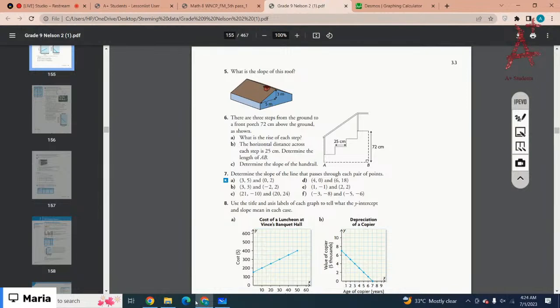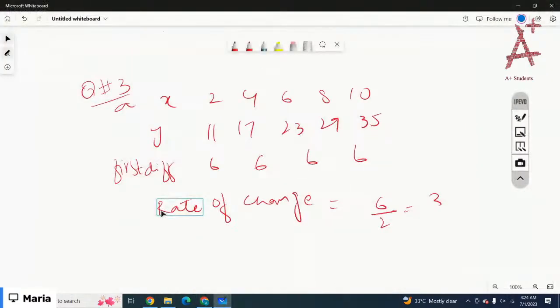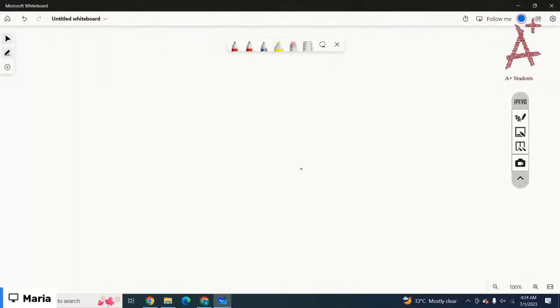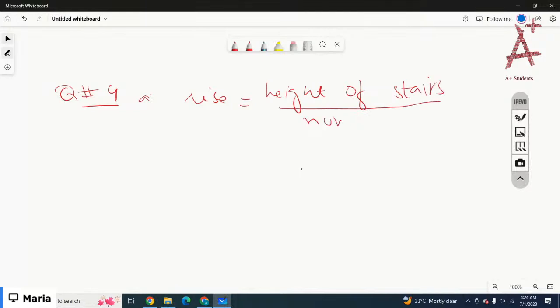So the rise is the height of the stairs divided by the number of steps. It would be 72 over 4, that is 18 centimeters.